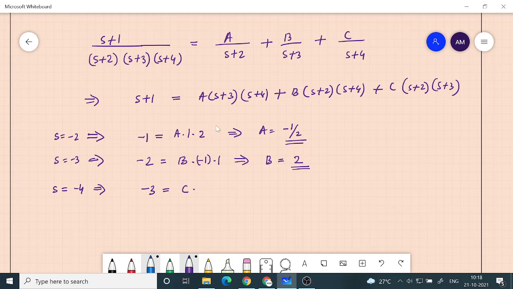So that will be C into minus 4 plus 2, which is minus 2, and then minus 4 plus 3, which is minus 1. So these two minus signs will get cancelled, and C equals minus 3 by 2.